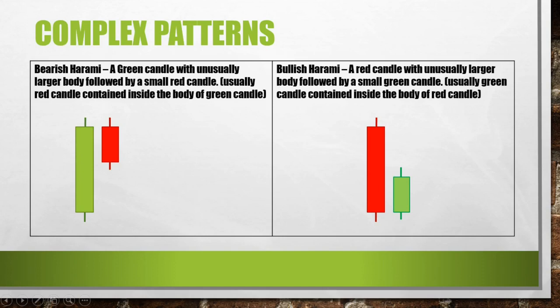And after that, a red candle is formed and it's contained inside the body of this candle. All right, so if this type of candlestick pattern is formed, it means you can see a movement to the downside.